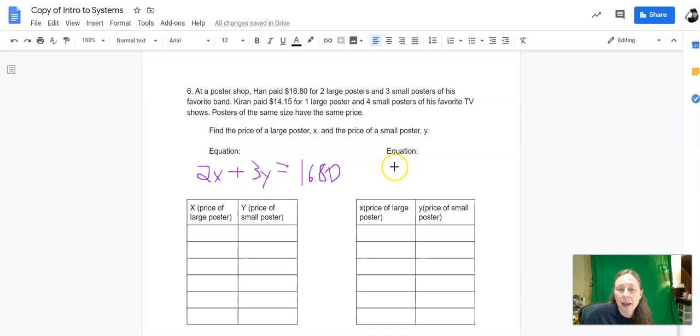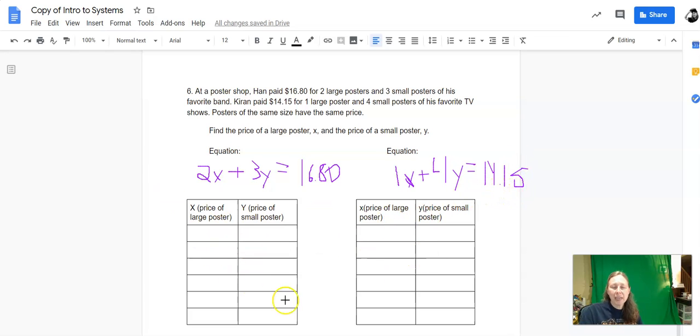And if we buy 1 large poster, so 1X, that's supposed to be an X, not a Y, plus 4 small posters, so 4Y, and we add those up, then we get 14.15. And my writing started to get terrible as I go through this, but there's my system of equations.